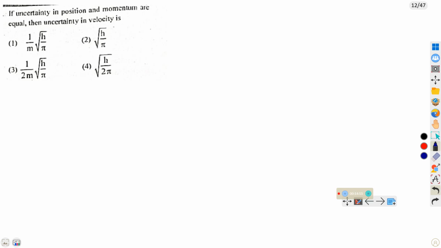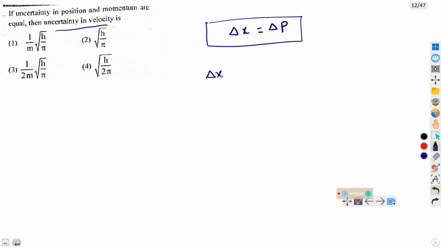If uncertainty in position and momentum are equal, then calculate the uncertainty in velocity. Given delta x is equal to delta p. What we know, delta x into delta p is equal to h by 4 pi.